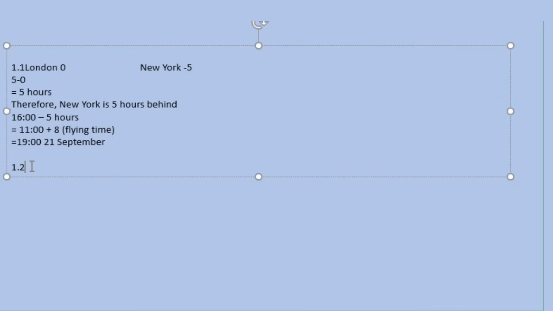So for that, we would say South Africa is a +2 on the map. And then we say New York, which is a -5. And then we add, because it's different symbols, and the difference is 7 hours.